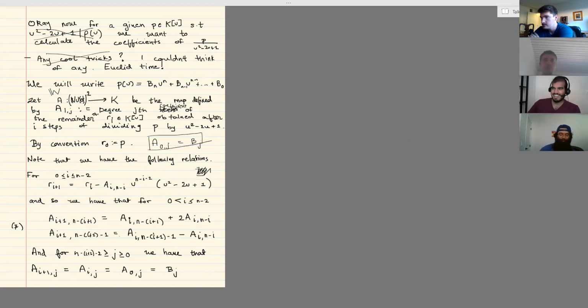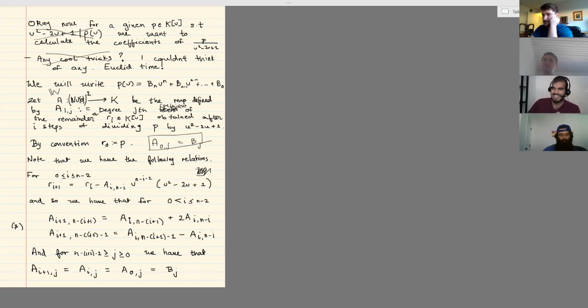So you're forced to get these relations. And now you also have that the penultimate term at the i plus 1th stage is equal to the penultimate term at the ith stage minus the leading coefficient at the ith stage. And for the other terms, they remain unaffected. They remain the same. And I'll give you a little example.